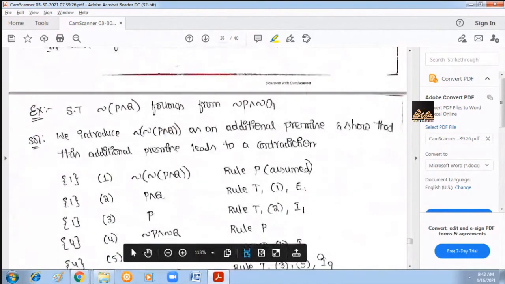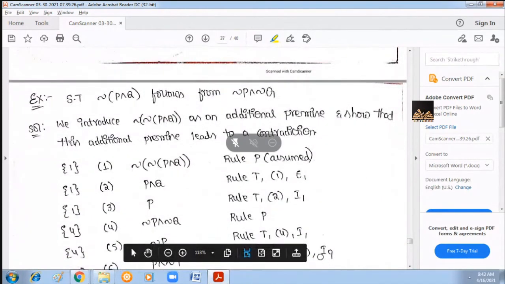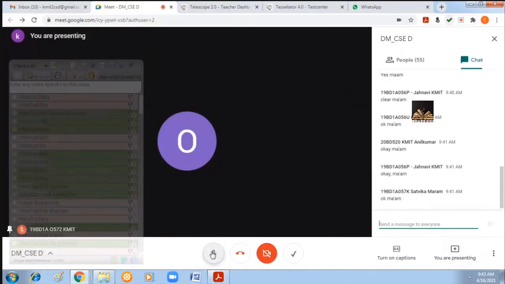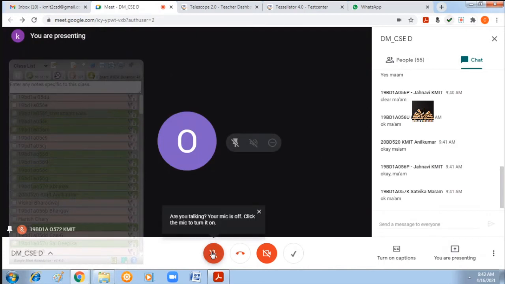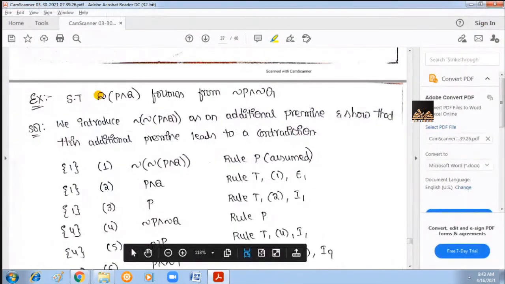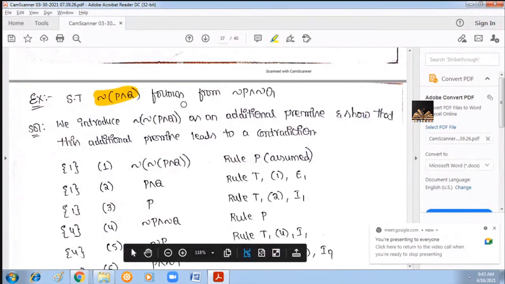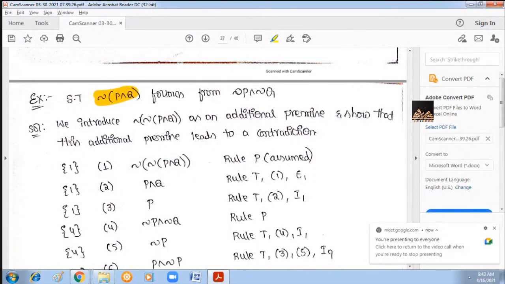Now, prove that negation of (P and Q) follows from only one premise given, that is negation P or negation Q. Do you remember which law this comes under, ma?